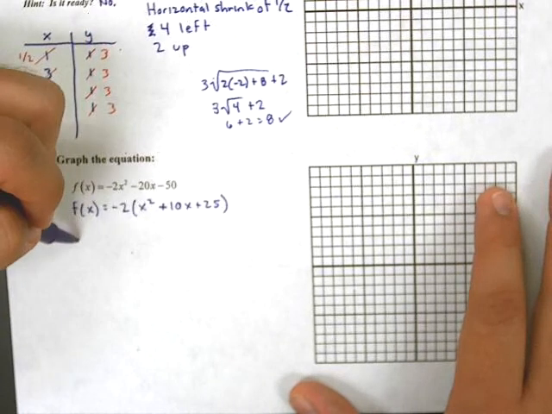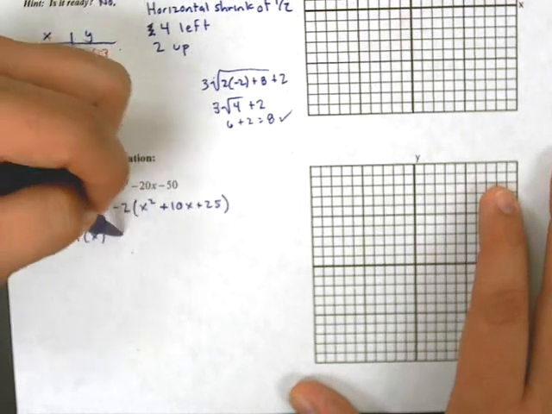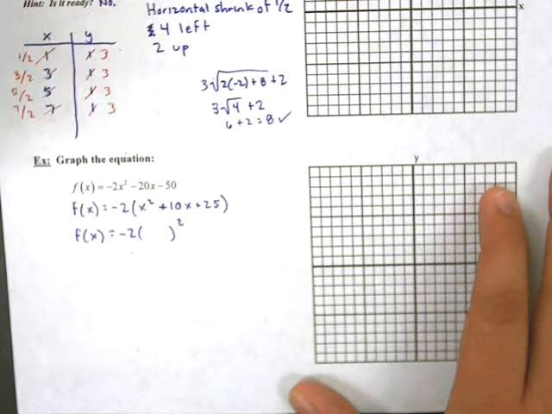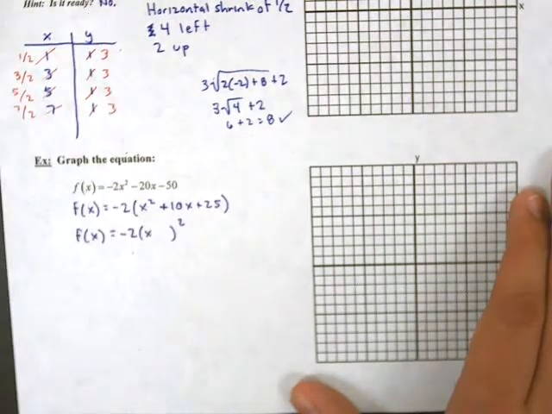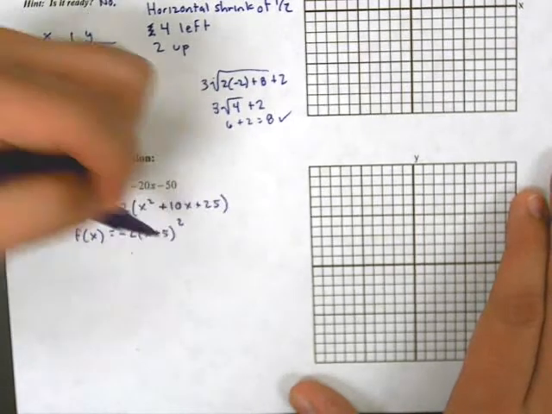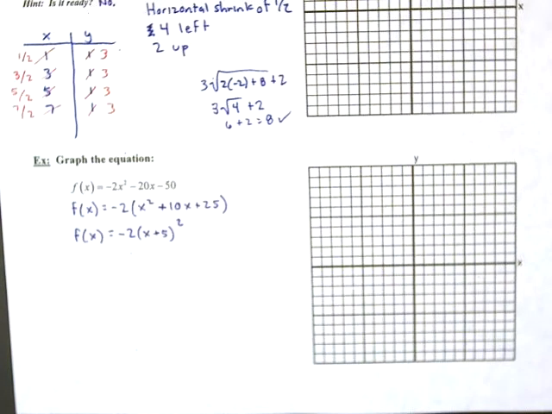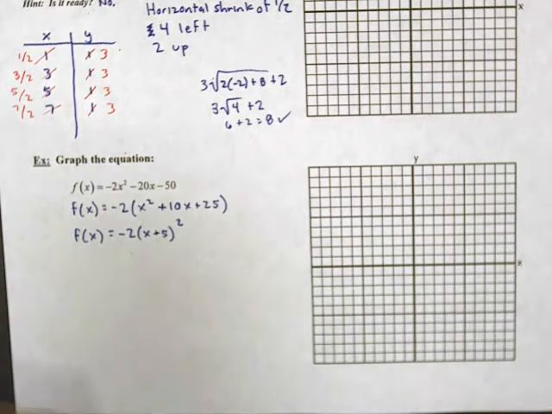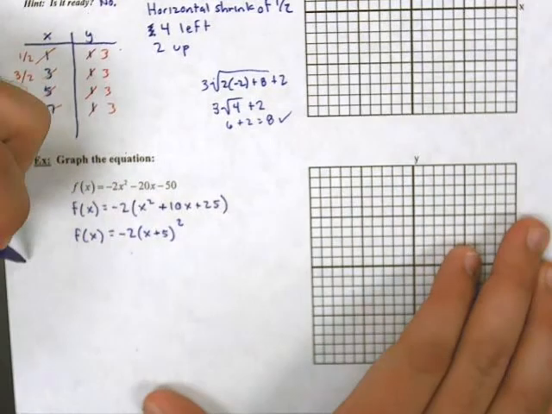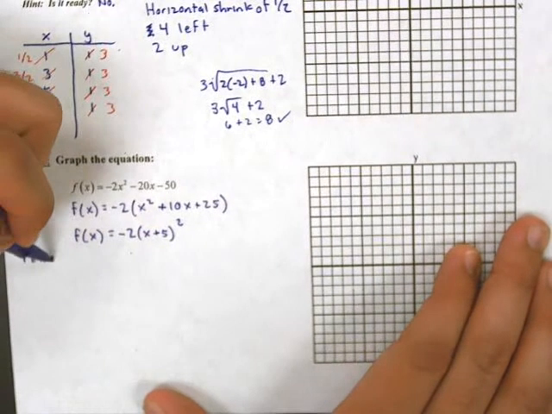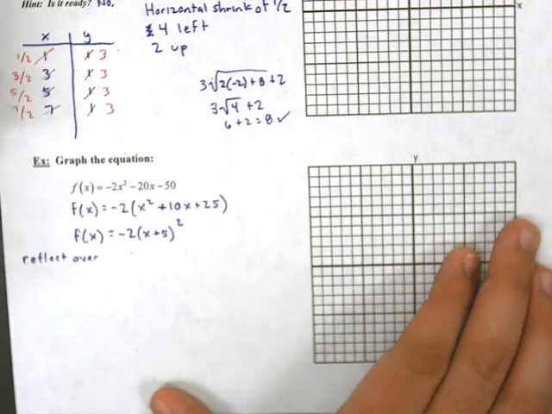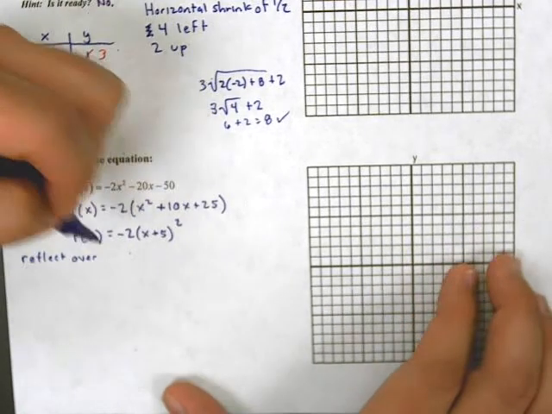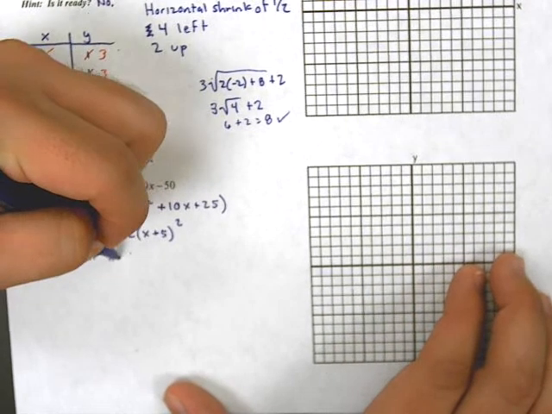Hopefully you guys are starting to be able to recognize that. I know that I can change this trinomial into a binomial squared. And how do I do that? (x plus 5) squared. Now I am ready to find out my transformations. I list them out. I see a negative, so I know I'm going to reflect over the x-axis.